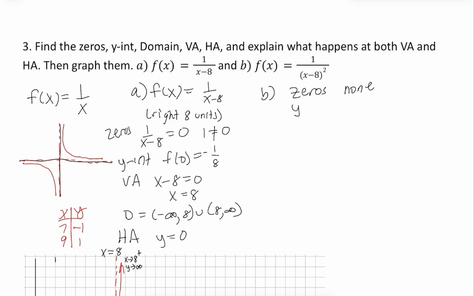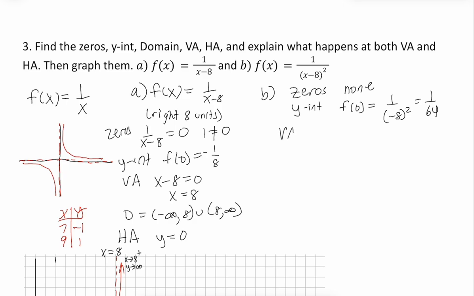The y-intercept gets a little closer to the y-axis because when we plug in 0, now it's 1 over negative 8 squared, or 1 over 64. Very small number. We're even closer to 0 quicker. And you'll notice instead of being at the negative 1/8, it's at a positive 1 over 64.